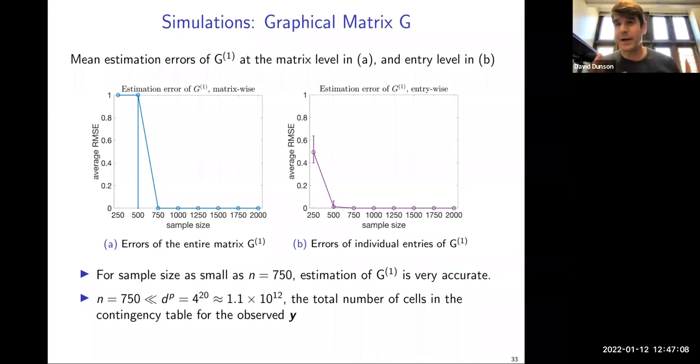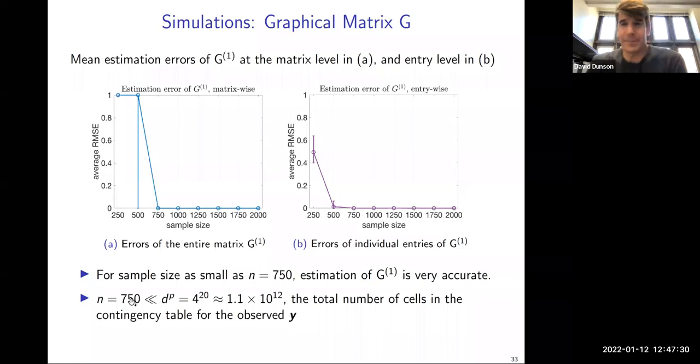So the number of cells in that contingency table is actually of the order of 10 to the 12th, which is enormous. That's ridiculously larger than 750.